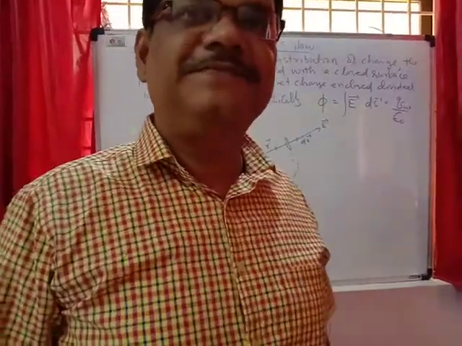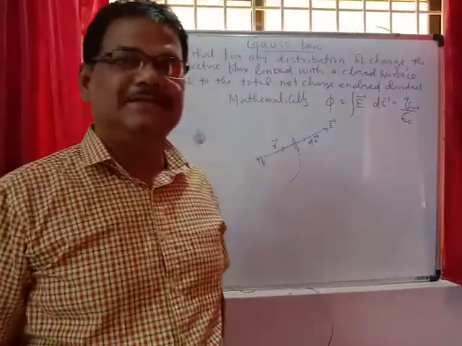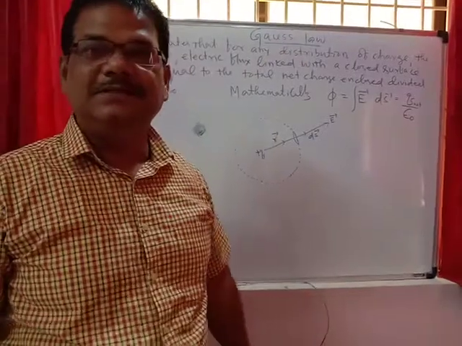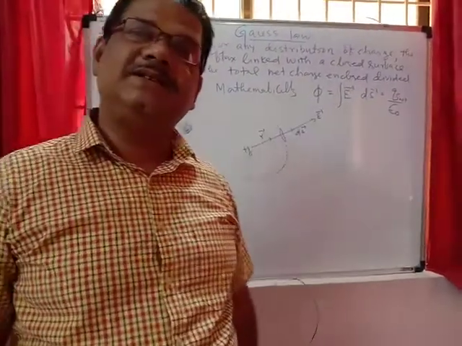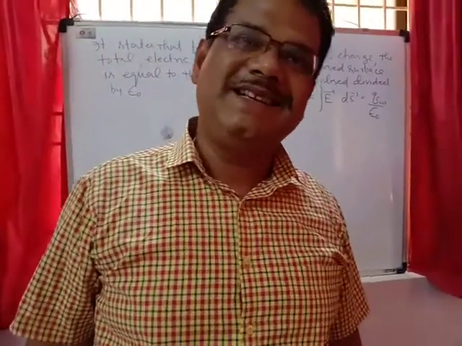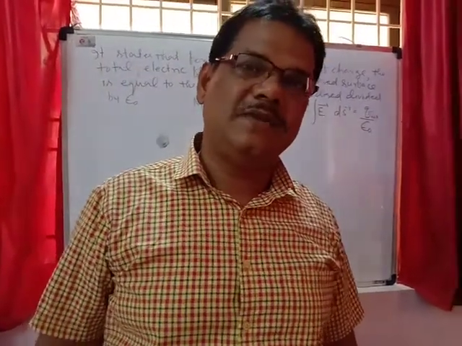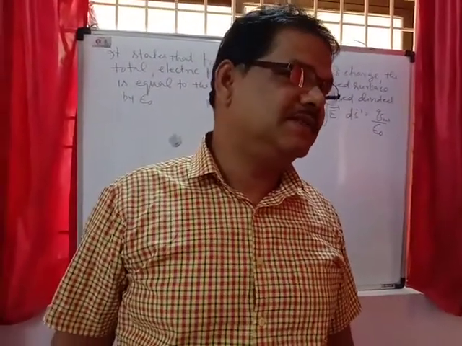Good morning, students. Again, I am repeating the Gauss law, and already we have discussed the electric flux and areal vector and how the flux is linked to the surface.